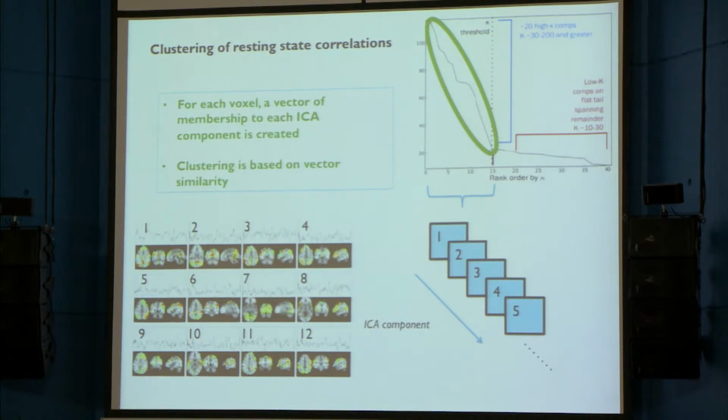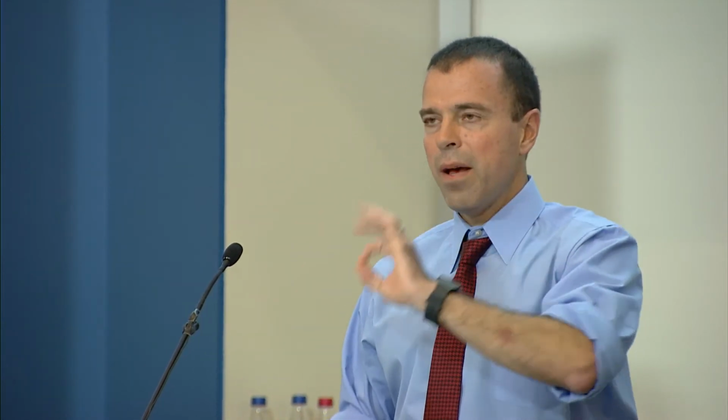Here's where we take our 15 good ICA components, and then we stack these up just like a time series. Then we can do analysis, on a voxel-wise basis, of the belongingness of each voxel to the independent components that fit the bold response.